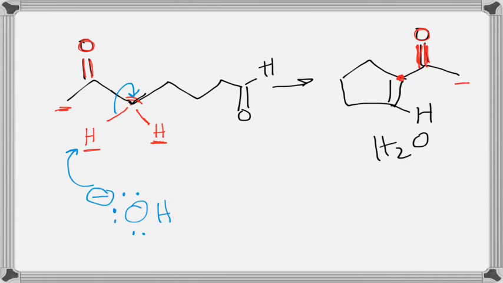It has extra electrons. What could it do? It could share those electrons with something. If it shares them with a hydrogen, what did it act as? A Bronsted base. If it shares them with an atom other than hydrogen, it's a Lewis base, also known as a nucleophile.